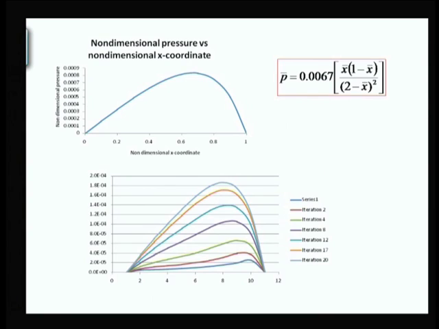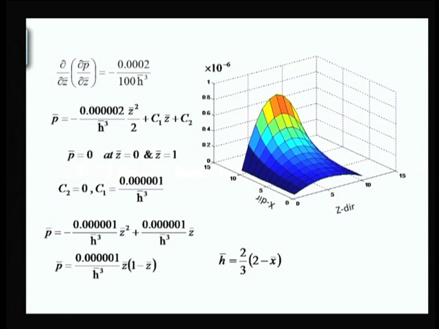In the first example, our previous example, we considered x dimension much smaller compared to z dimension, while in the present example we are considering x dimension much larger compared to z direction. So, we get some pressure profile something like this. Now, this is a nice picture as such.